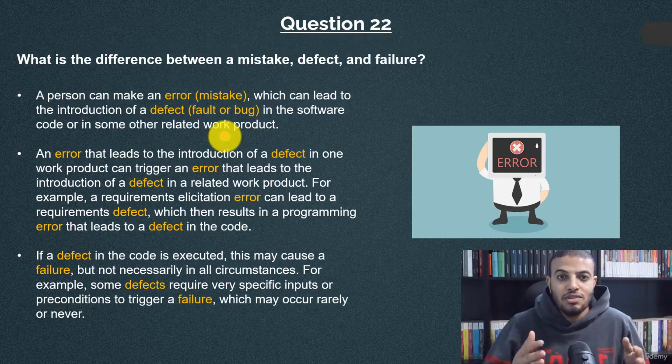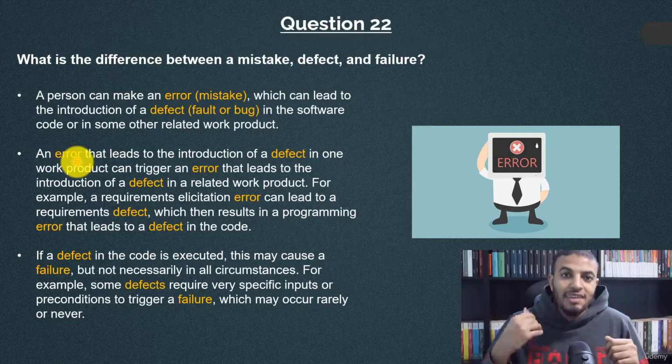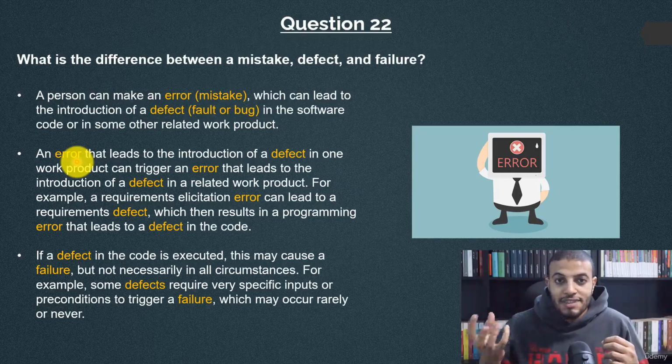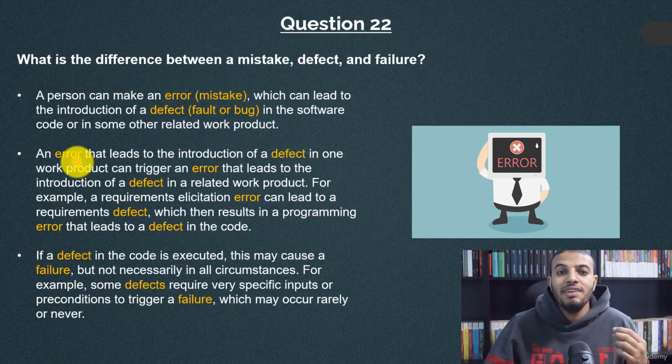In this case, this user story includes a defect that is based on the error or the mistake that the product owner has done. The error that happens in this work product, which is the requirements, for example, in this case, can lead to an error in another work product. So like we said, the product owner made an error. This error caused a defect in the user stories or the product backlog.